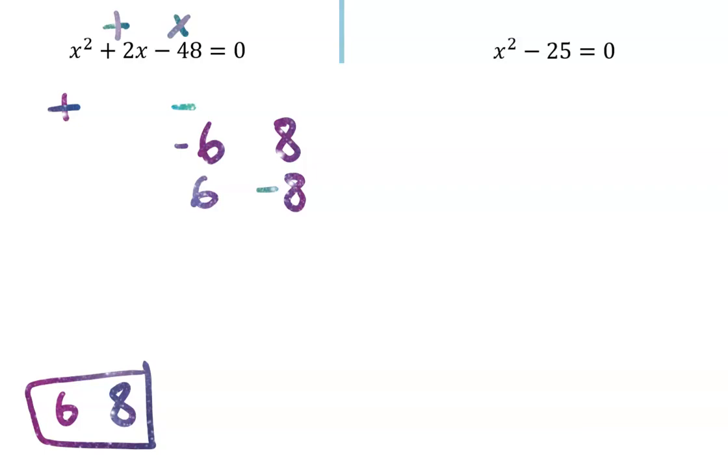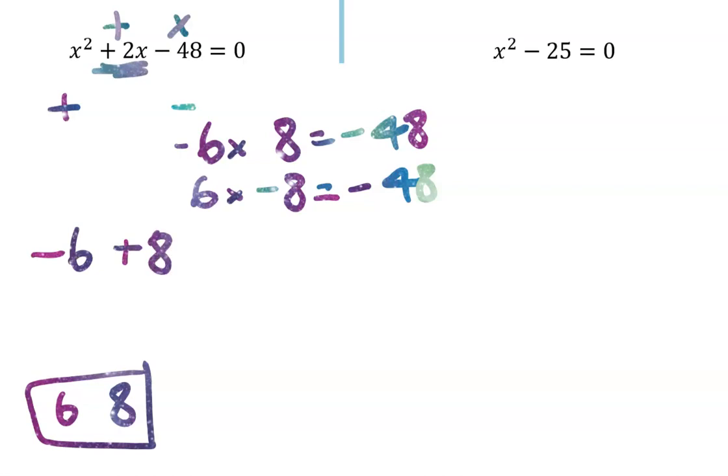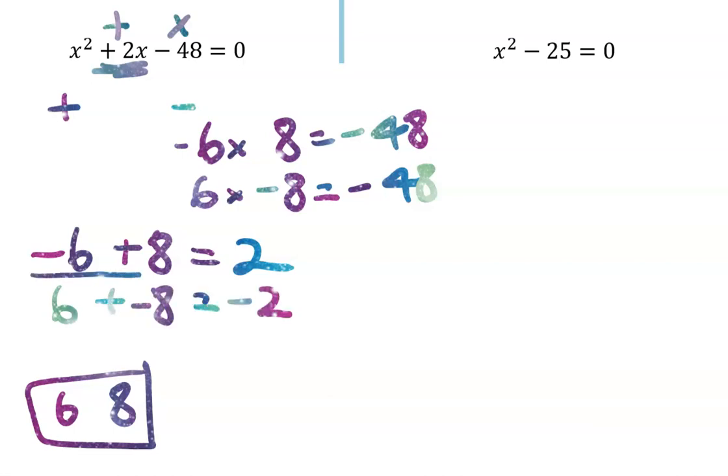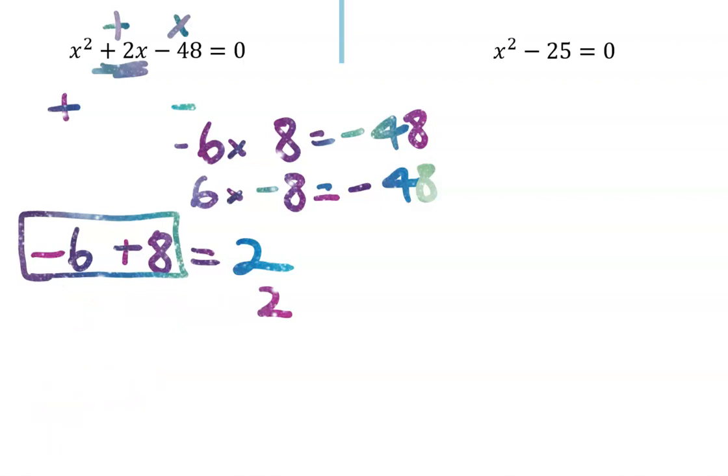Now, both of these will multiply to make minus 48, which is what we want. The question is, which ones add to make positive 2? Well, minus 6 plus positive 8 gives me positive 2, and positive 6 plus minus 8 gives me minus 2. Okay, so obviously these are my numbers I want: minus 6 and positive 8.